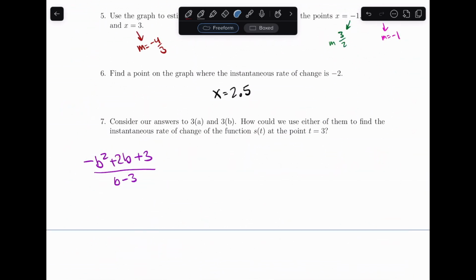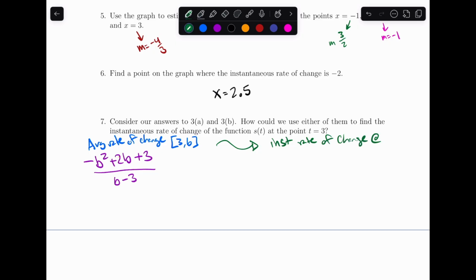And then in the last page, we said, well, we get from an average rate of change to an instantaneous rate of change by letting b get close to 3. So the question we need to answer here is, what happens to this expression when b gets close to 3? And we need some machinery to help us answer that question, and that's what's coming up in the next section of our textbook.